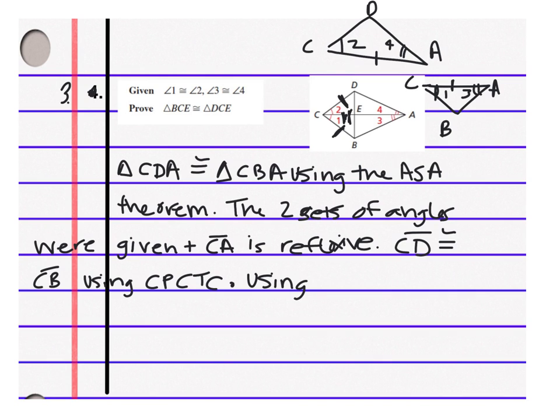I have another pair of reflexive side. Triangle BCE is congruent to triangle DCE. That's it. So just try a paragraph proof just for something new and just to refresh us on that.